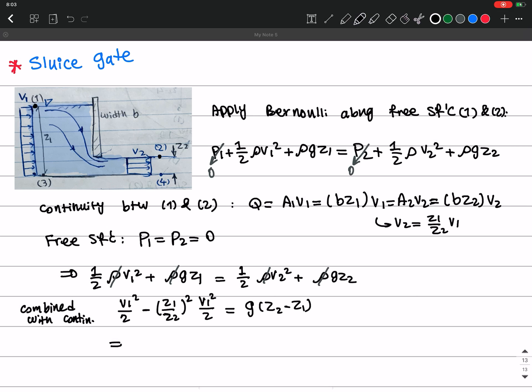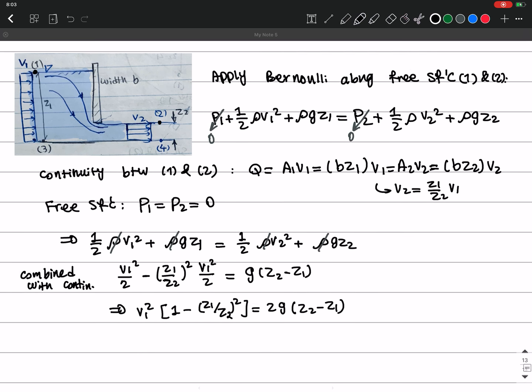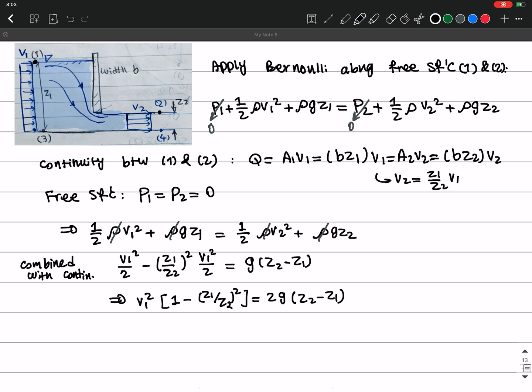And so let me rearrange the terms. If you rearrange them, you're going to get V1 square times 1 minus Z1 over Z2 square equals 2g times Z2 minus Z1. Okay? So what is going to be the flow rate?